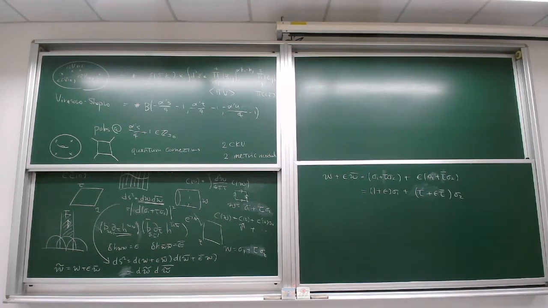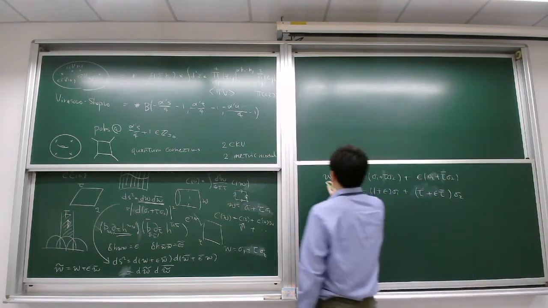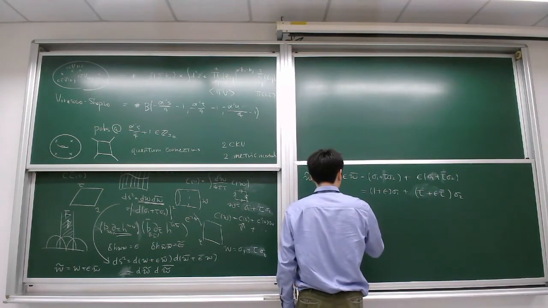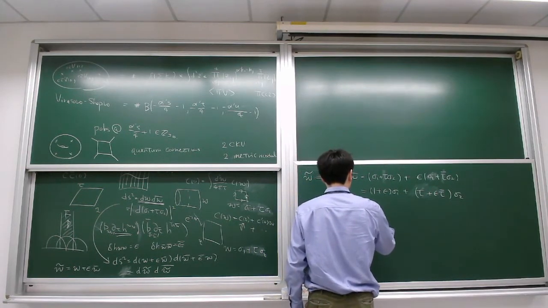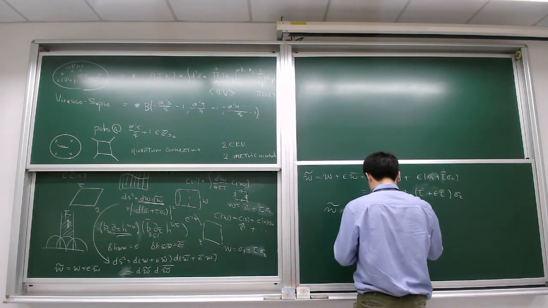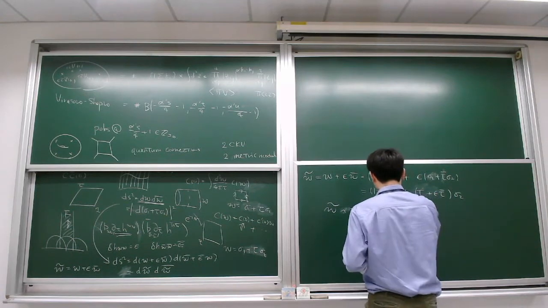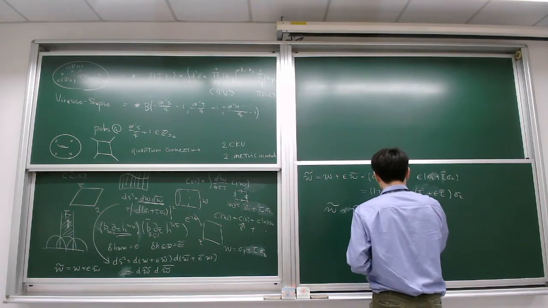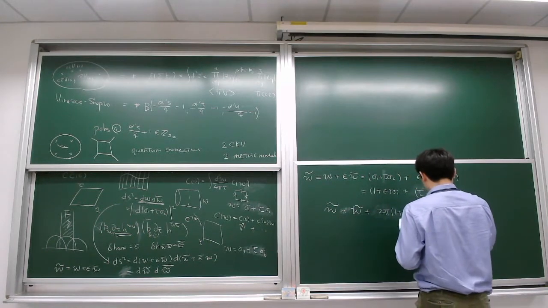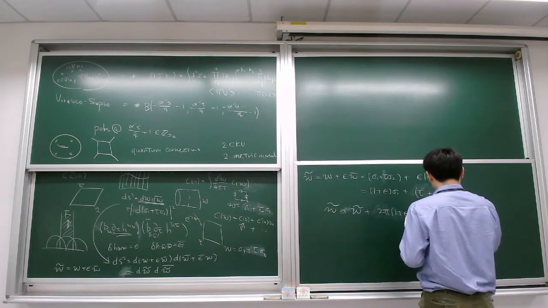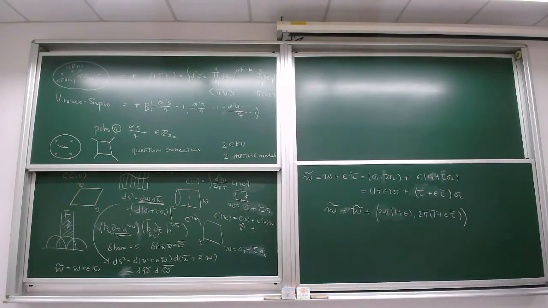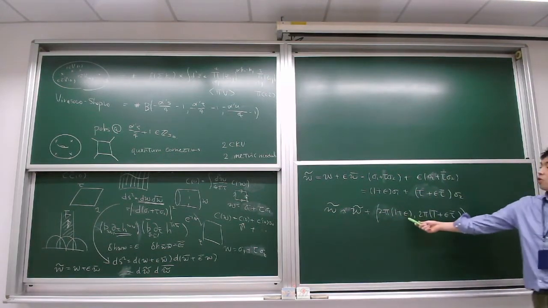Now the new coordinate W tilde has a periodicity, which is 2 pi times 1 plus epsilon, and 2 pi times tau plus epsilon tau bar. That's the periodicity that shows up here.